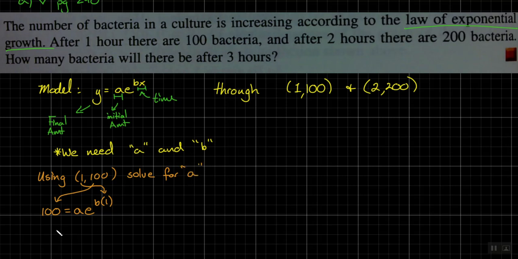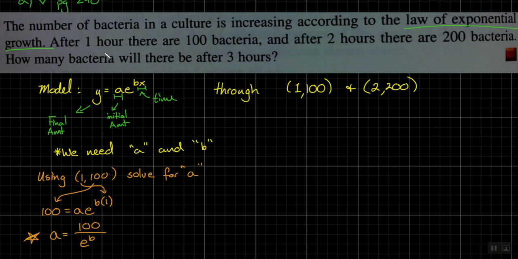Now, this is going to be irritating because we're going to see an issue with it. But I think I get A equals 100 over e to the B. Now, this is not a number yet. Why? I have two unknowns, but I'm going to put a star next to this for a second.